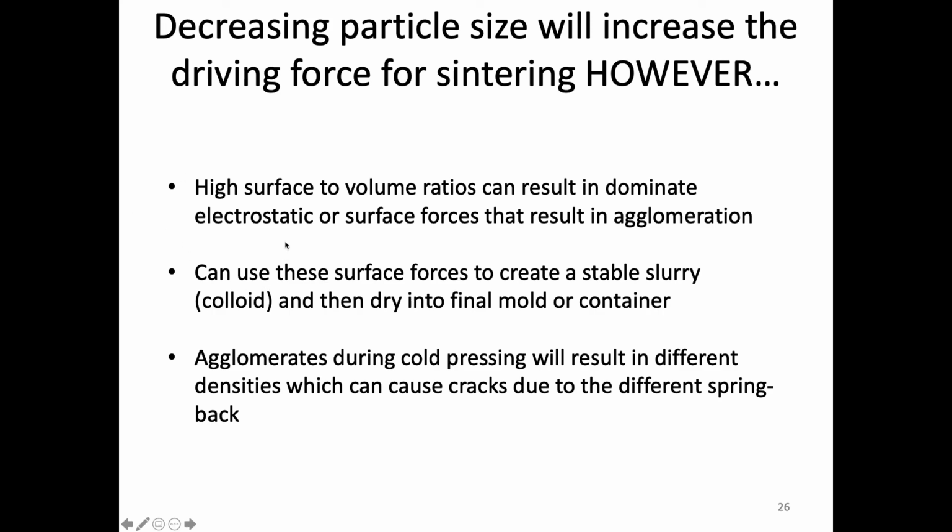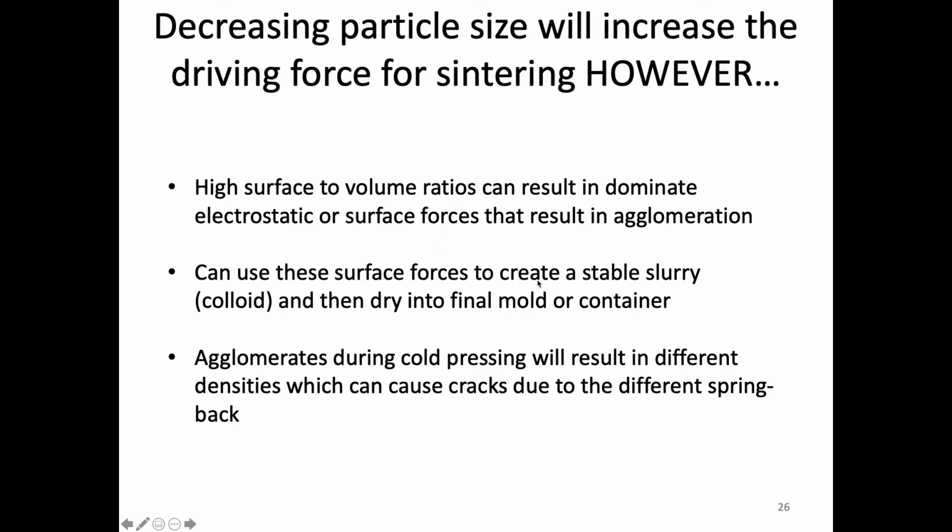So electrostatic, that's basically if you've ever had particles that kind of, when you put them in a crucible or a weigh boat and they kind of fly all over the place, that's because these particles are so small that electronic forces on the surface cause them to be repulsed from other charged surfaces, and they kind of fly everywhere. And so that's obviously bad for processing. And that can also give us agglomeration. So it can give us clusters as well.